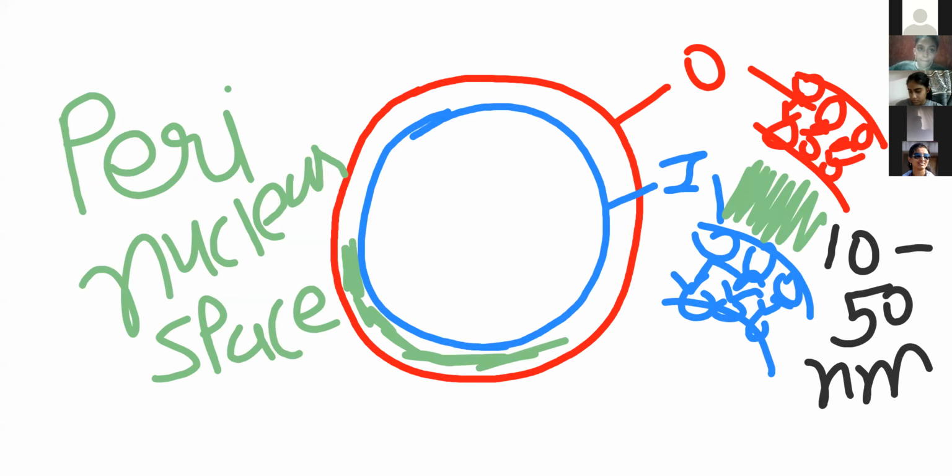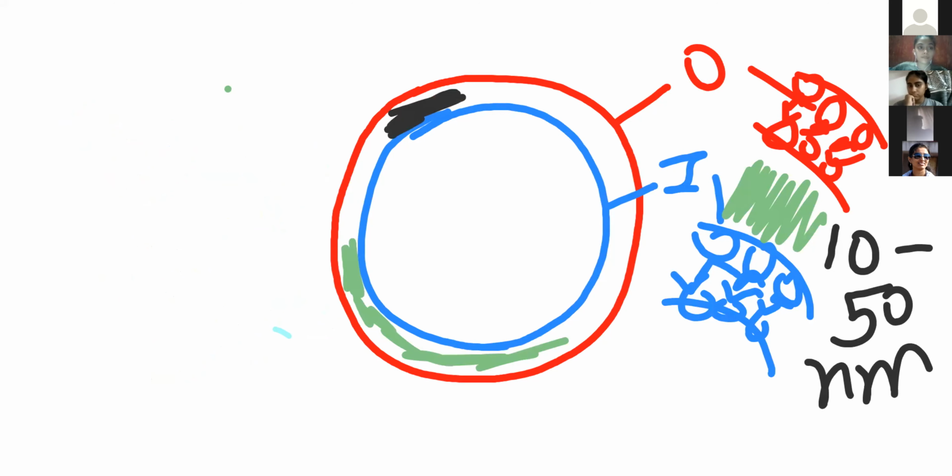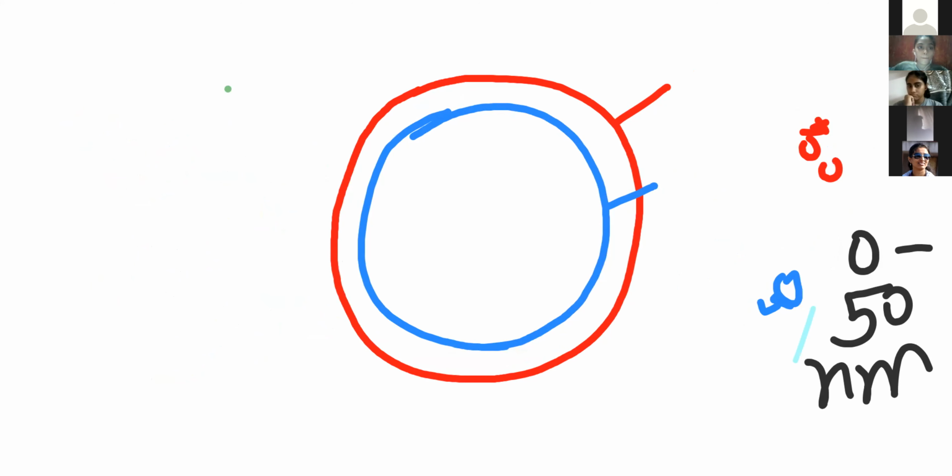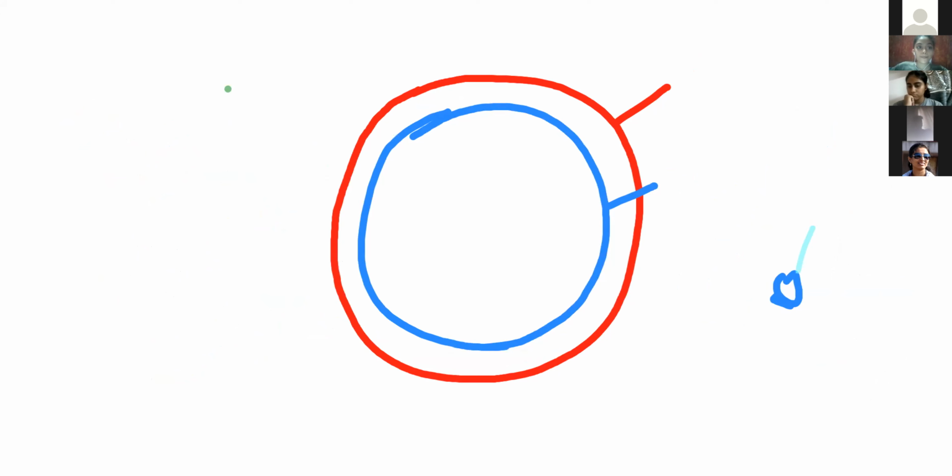Between the outer and inner membrane, the space that we call the perinuclear space has a size of 10 to 50 nanometer. Now next, see, this nucleus structure, now you can understand this.